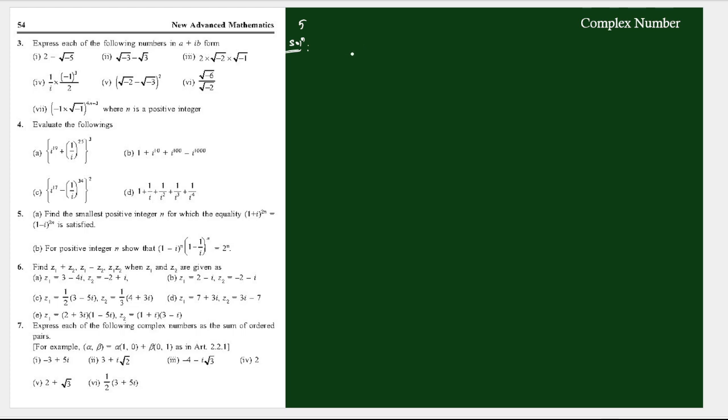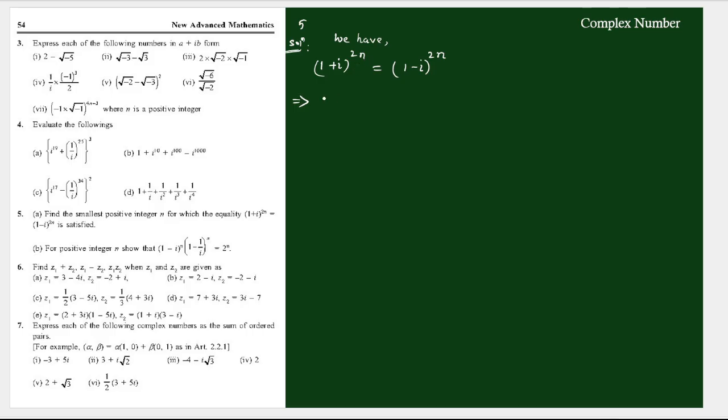Find the smallest number n. So what is our equality? (1 plus I) to the power n equals (1 minus I) to the power 2n.